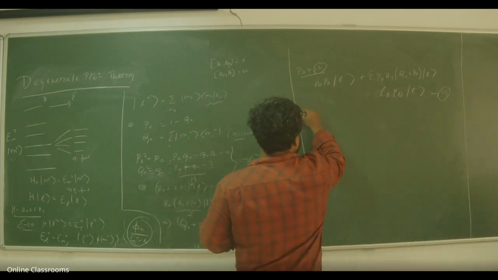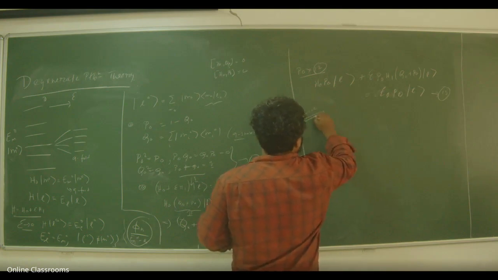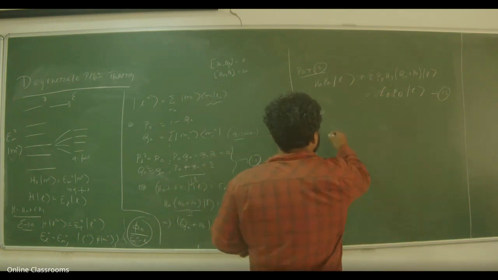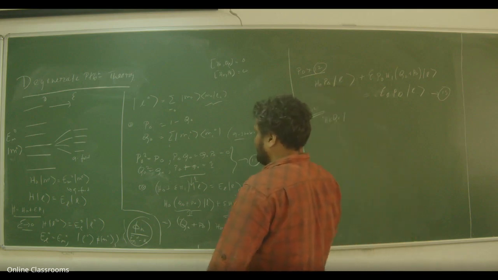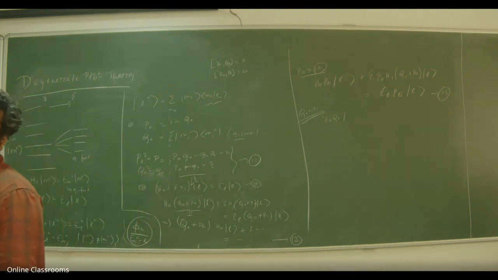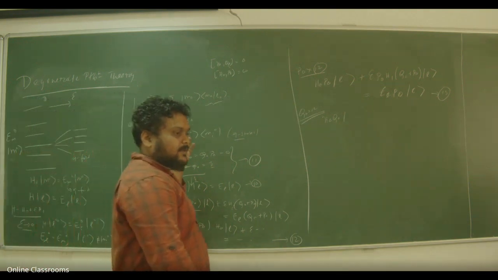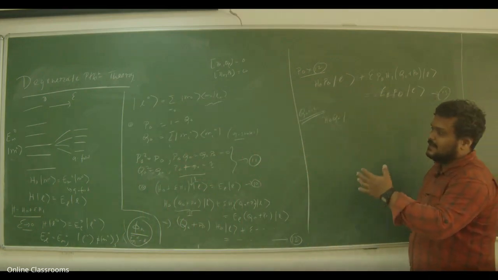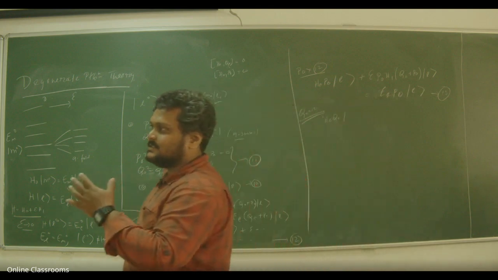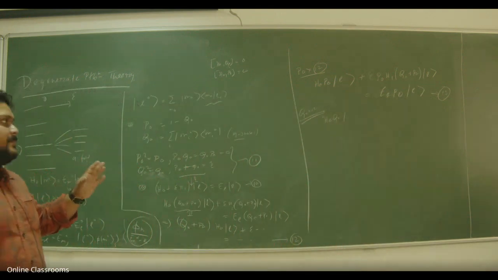Similarly, if you act Q naught on 12 from the left side, you get H naught Q naught. See, what is the purpose of all this algebra? Let me take a step back and try to tell you. The whole point is to express, just like before, an equation in which the left side is L and the right side is everything which is not L, meaning L naughts.